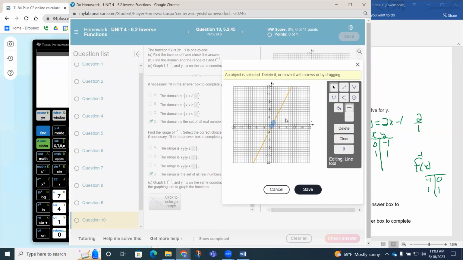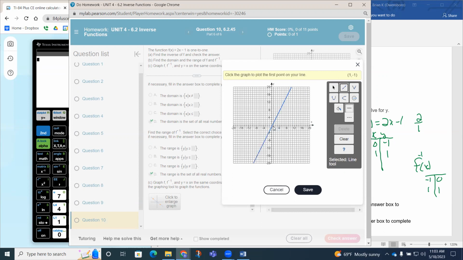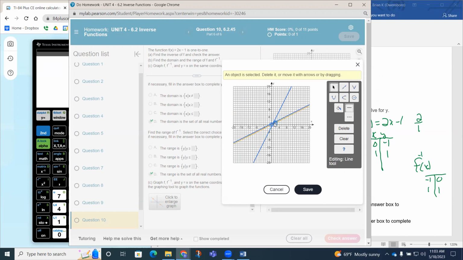So there's my first line. And then my next line would be -1, 0, and then 1, 1 again. And then the line y equals x would be the third thing we need to do. So it's 0, 0, 1, 1, or 2, 2. That doesn't look right. Something happened there on the last one.